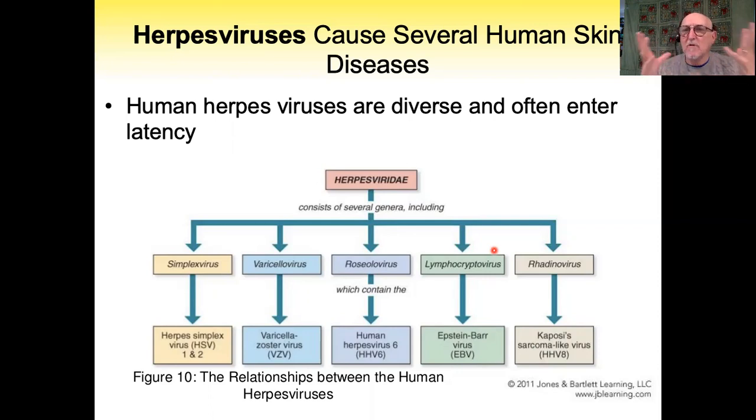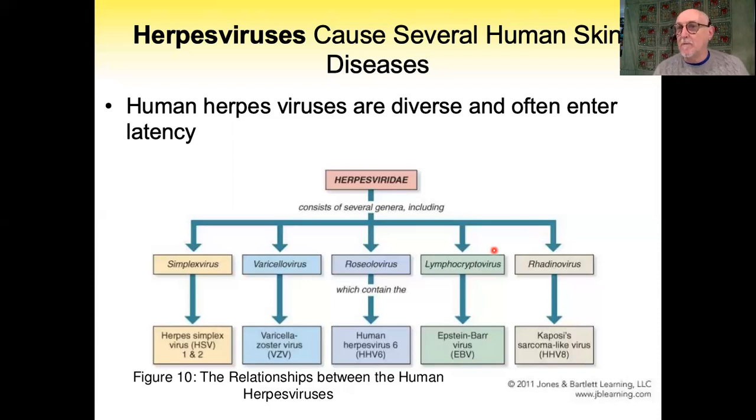From the outside, it would look something like the COVID virus, an enveloped virus, with an envelope derived from the host membranes, and that membrane studded with viral proteins, which determine its ability to bind to specific cells. So the herpes viruses tend to be rather host specific.